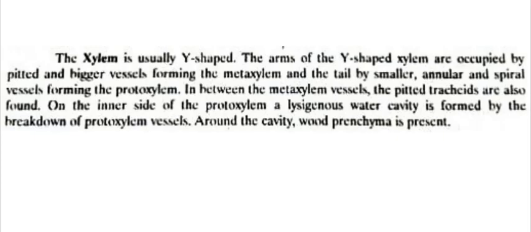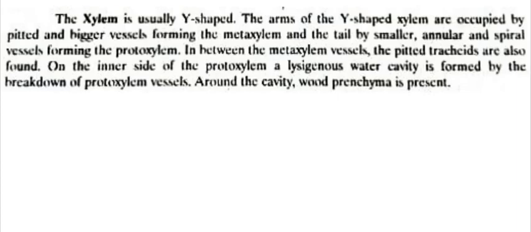In between the metaxylem vessels, pitted tracheids are also found. On the inner side of the protoxylem, a lysigenous cavity is present, known as the lysigenous water cavity, formed by the breakdown of protoxylem vessels, and around this cavity wood parenchyma or xylem parenchyma is present.